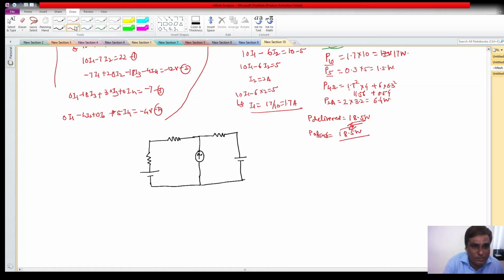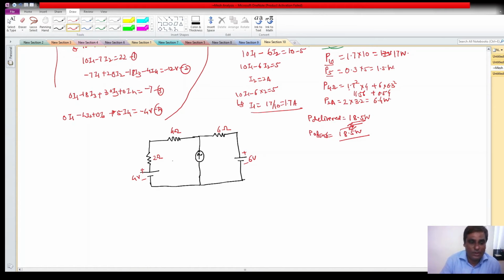Let me write, this is 2 ohm, for example this is 4 ohm, this is plus minus 4 volt, then this is 6 ohm, this is plus minus 6 volt.